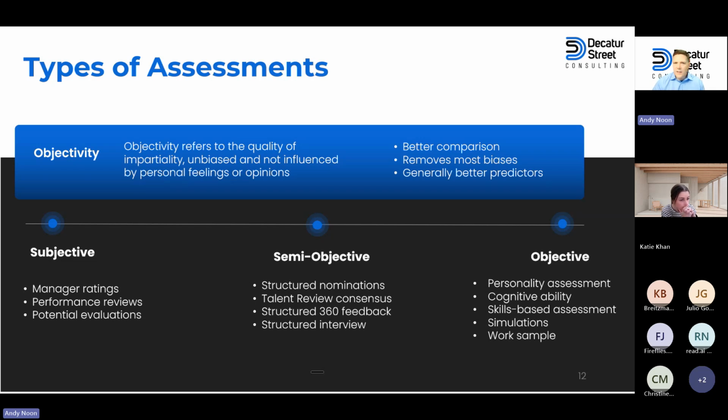Cognitive ability assessments or critical thinking types of assessments are very helpful. Skills-based assessments, simulations, work samples, all address some of the key things. They take away manager judgment. They are objective. They take away much of the subjective aspects.